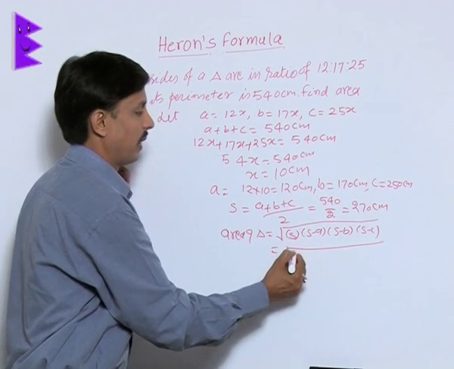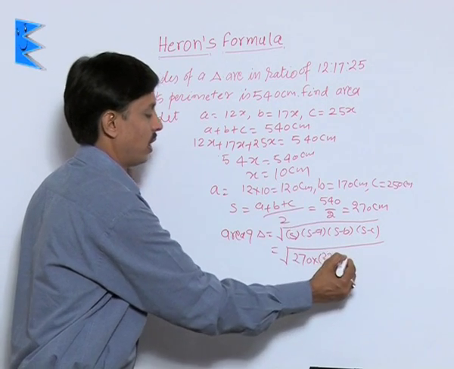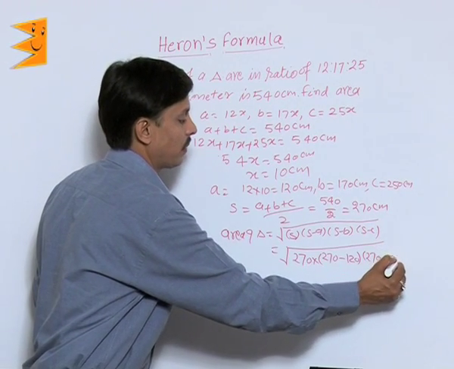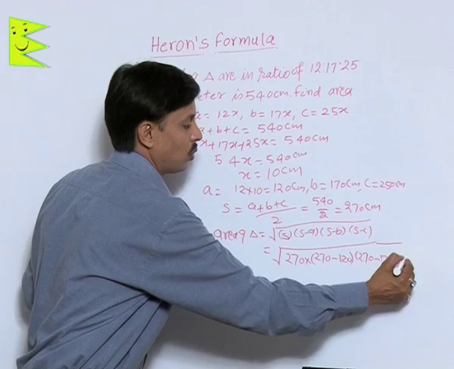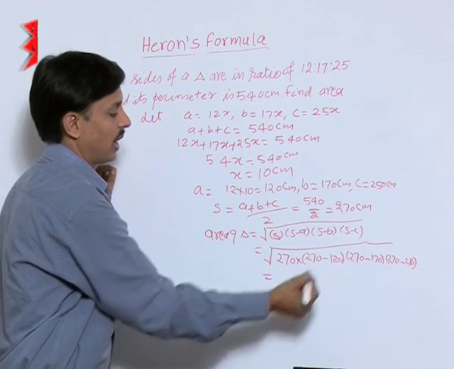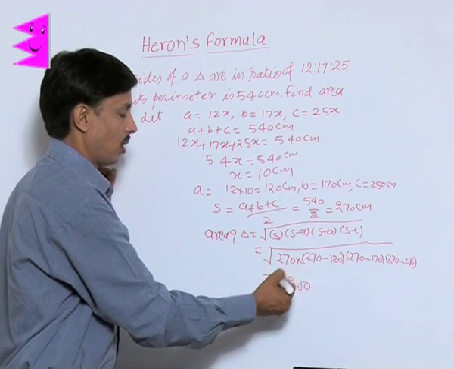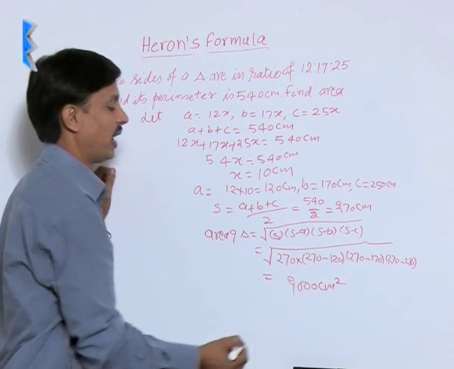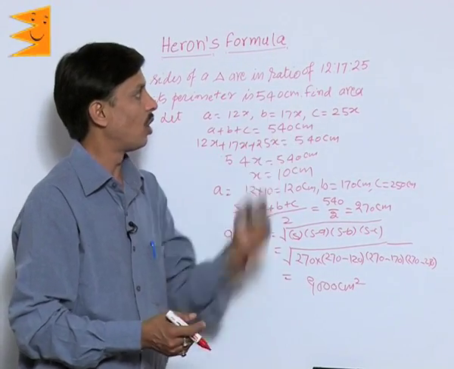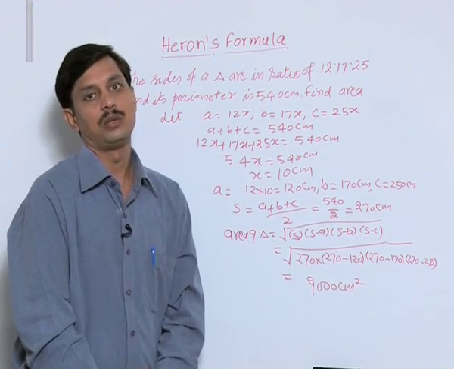This become root of 270, (270 minus first side 120), then (270 minus second side 170), and third side is (270 minus 250). So after calculation, we will get area will be 9,000 centimeter square. So this is one of the varieties where ratio of sides is given and area is needed to calculate, where perimeter is also given.